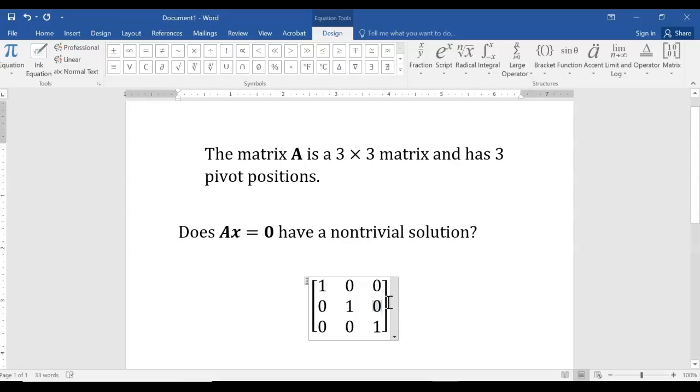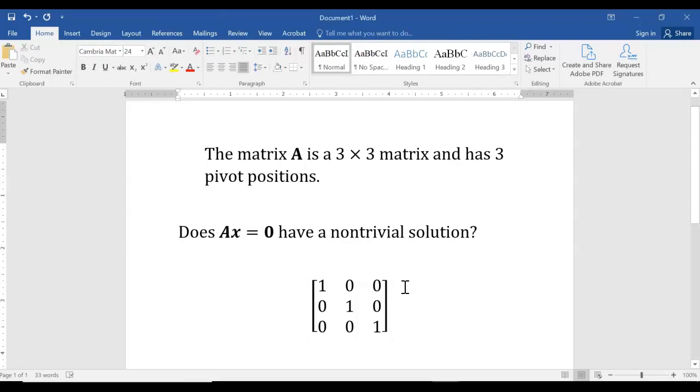Okay. Now, is that matrix, when you row reduce it, going to have a non-trivial solution? The answer is no. The only solution in that case is trivial, because think about, again, the augmented matrix for the homogeneous system is going to have zeros over here on the right-hand column.